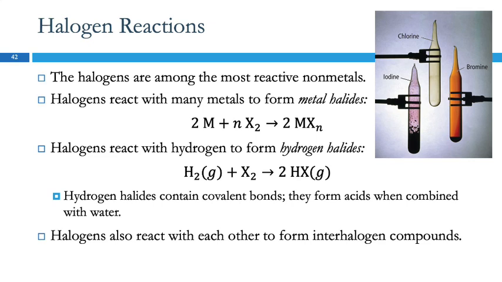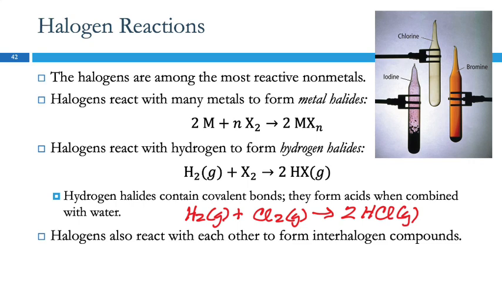Halogens also react with hydrogen, and they do that to form hydrogen halides. So like H2, let's do this. H2 gas plus chlorine gas is going to make 2 HCl gas.